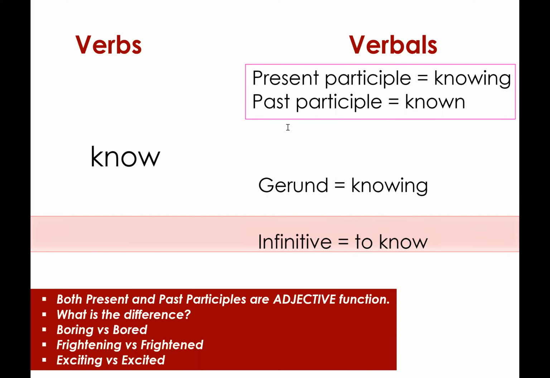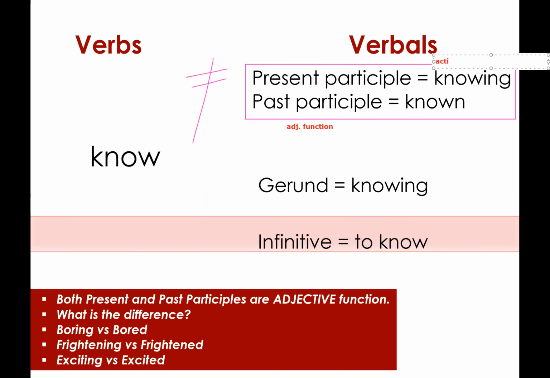All right. So as a quick reminder, we have two kinds of participles. They're both adjective function. Participles, gerund and infinitive, they're all verbals, but they are not verbs. So if you have a sentence with verbal but no verbs, it is not a sentence, it's a fragment. A present participle like knowing and past participle like known, they modify nouns and pronouns.